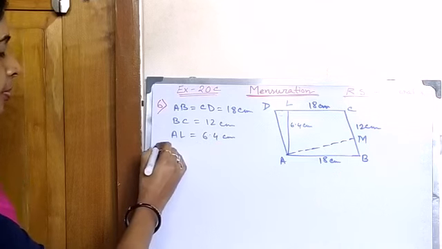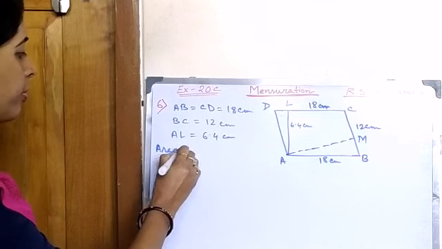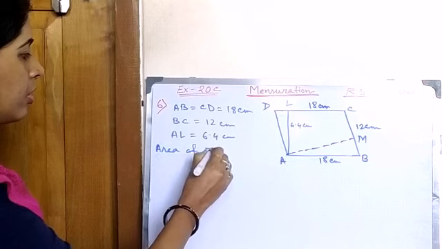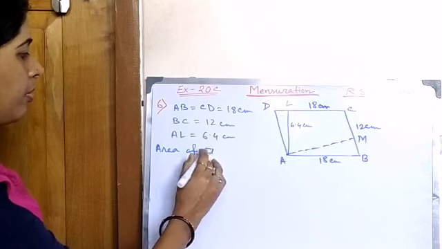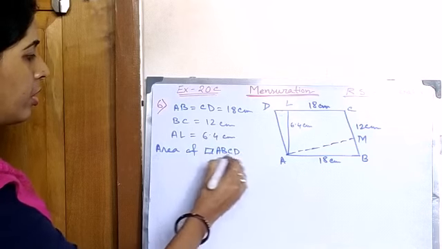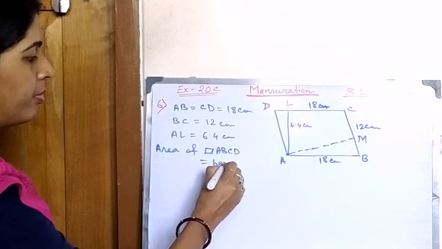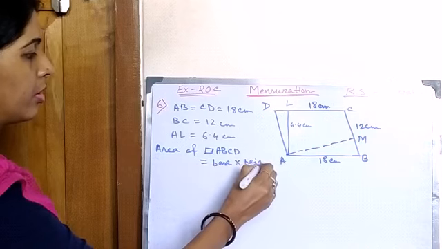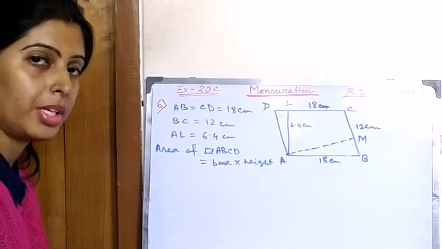Then area of parallelogram ABCD equal to base into height.